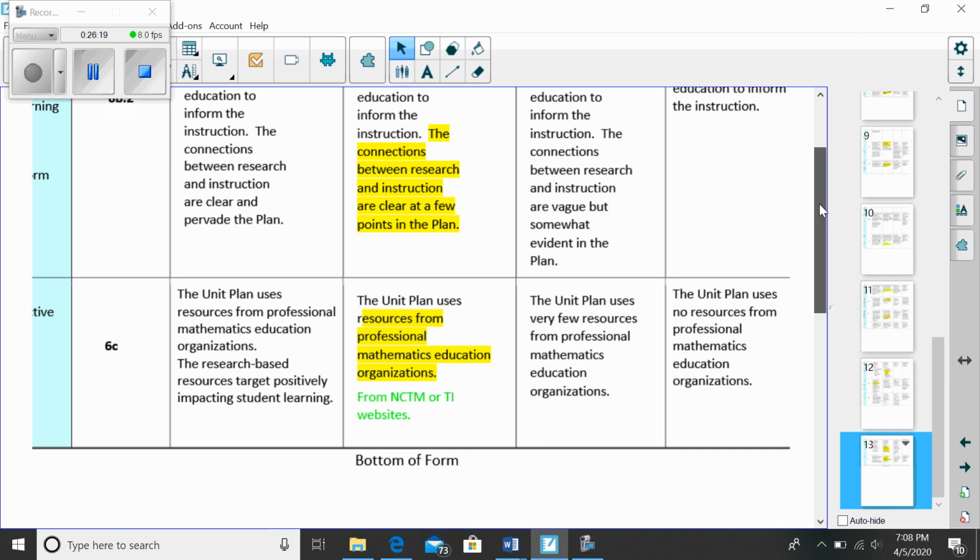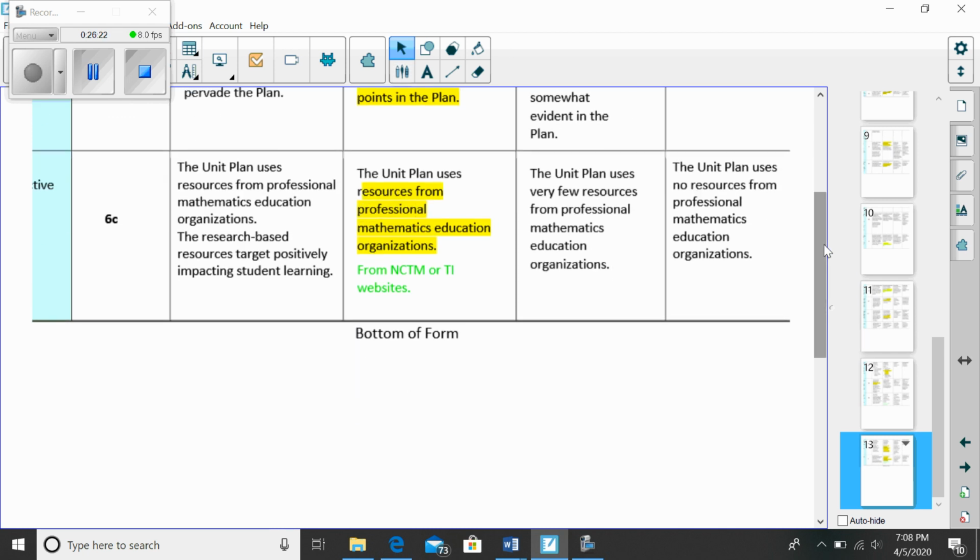And finally, they require you in the unit to have at least one technology day, and then a day where you say, I'm doing an activity that I got from either this NCTM article or this TI website, where you took some sort of resource from somewhere else. The unit plan is requiring you to show that you can search for resources and find a resource at some reputable website and incorporate that into your unit plan, okay?